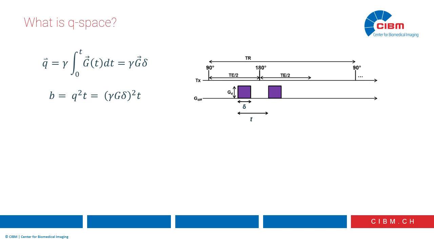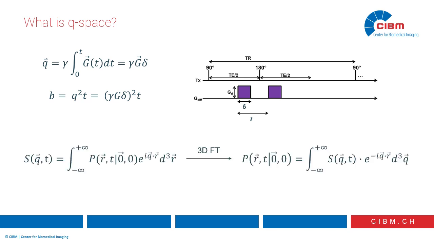And what people are usually used to is more the b-value, which is the overall diffusion weighting imparted by the sequence. And the b-value is nothing but q squared multiplied by the diffusion time T, where T here is roughly the time between the two gradient pulses in the sequence.